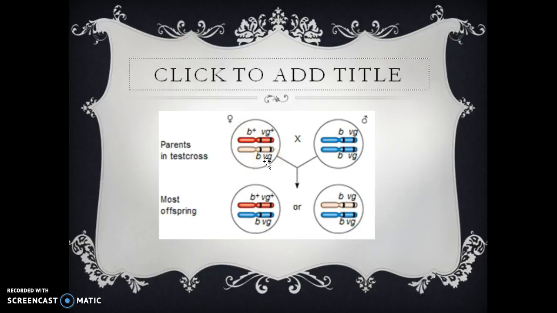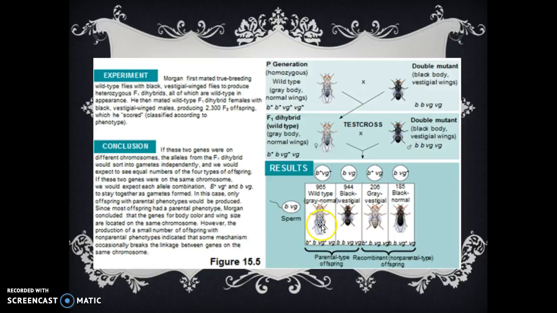So this image right here just kind of shows us the wild type fly mated with that mutant fly, and we can see that all the children expected, if there is linkage, would have this red chromosome mixed with a blue one, or would have this pinkish white chromosome mixed with a blue one, which is why we saw most of the flies having this particular genotype or this genotype.